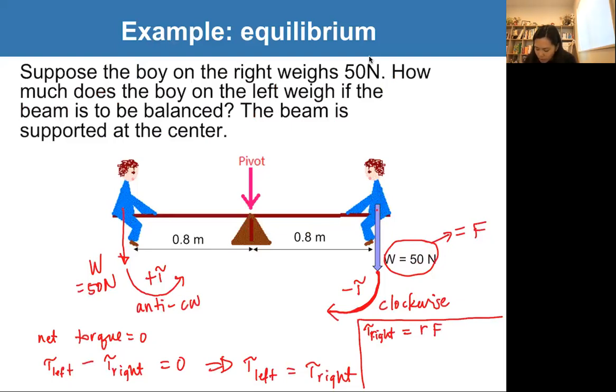The moment arm, you draw a line that's perpendicular to the force and passing through the pivot point. So this distance between the force and the pivot point will give you the moment arm, R. It's given in the problem that the distance between the buoy and the pivot point is 0.8 meters. So the moment arm here will be 0.8 meters.